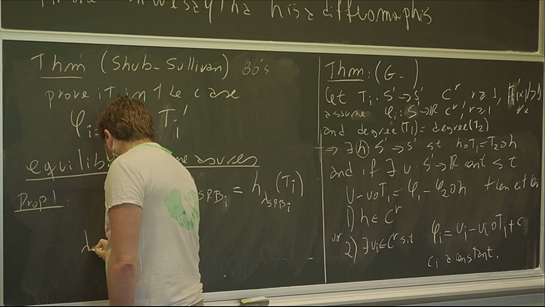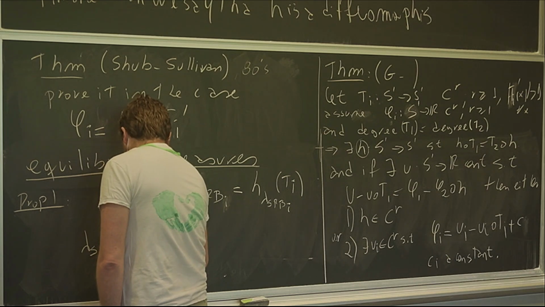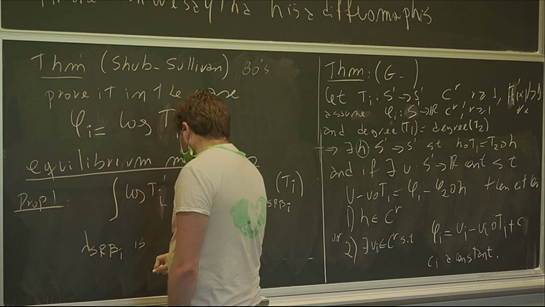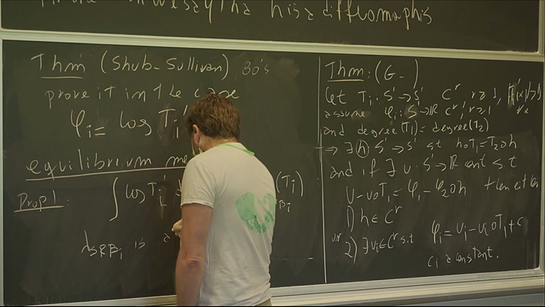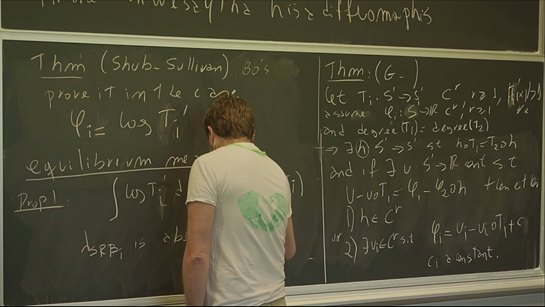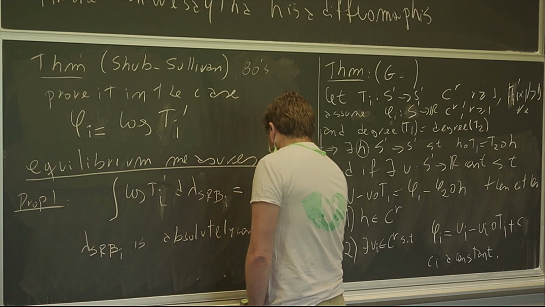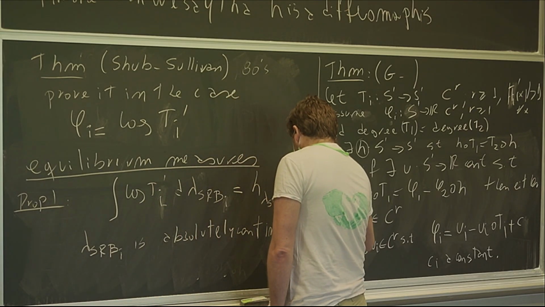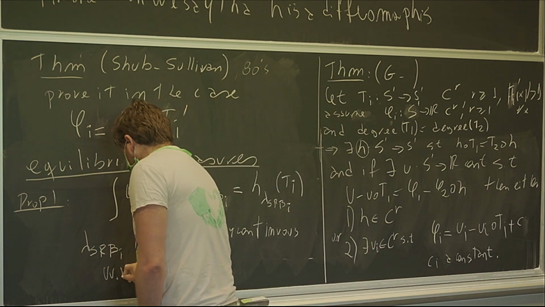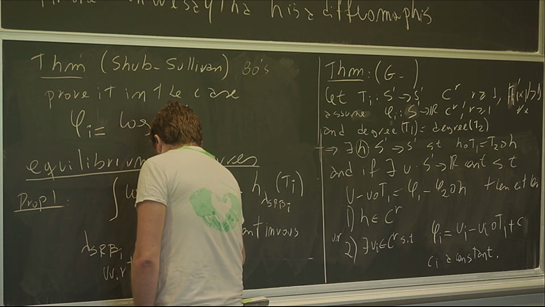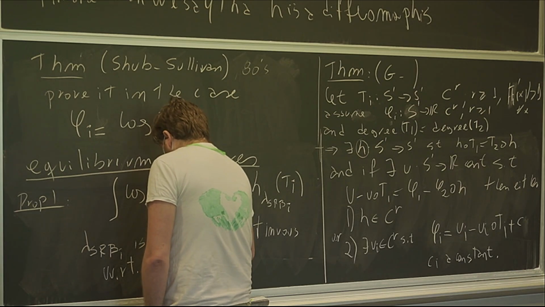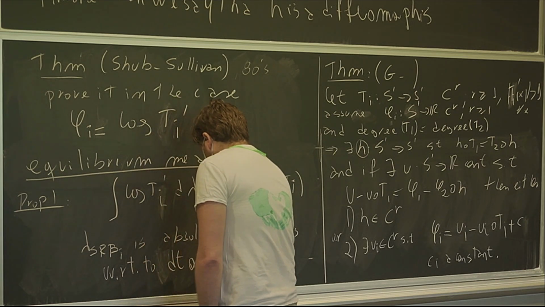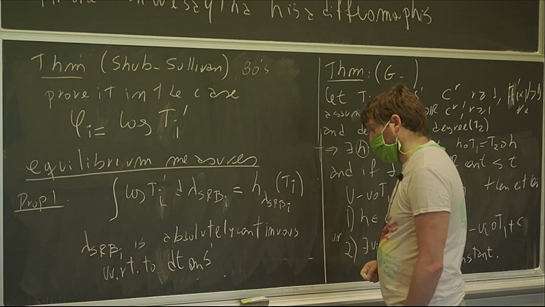This lambda SRB is absolutely continuous with respect to Lebesgue, so to dt on the circle.